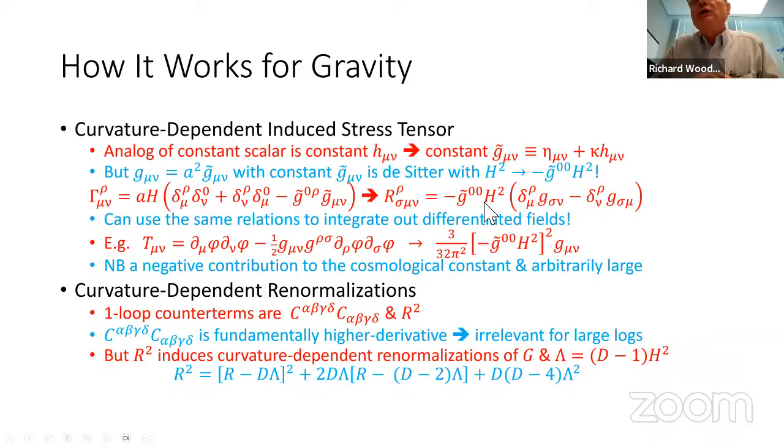So all you have to do is take your existing de Sitter graviton propagators, and replace H squared with minus G tilde upper 0 H squared, and that will do the result.